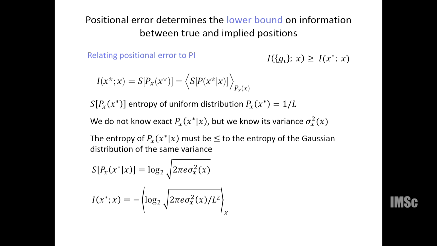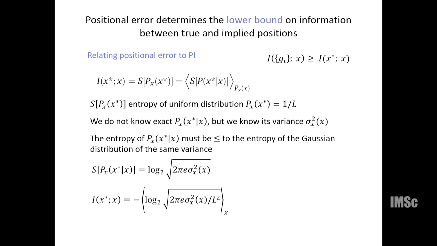And that's the expression for the entropy of a Gaussian distribution. This might look like a complicated expression, but in the end, those are constants, and what is here is the positional error.